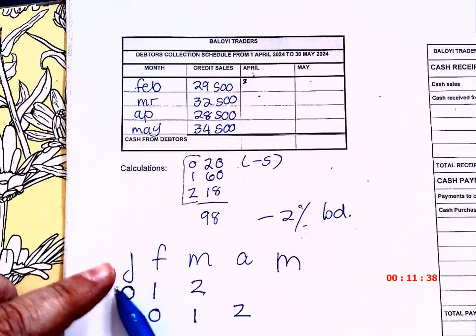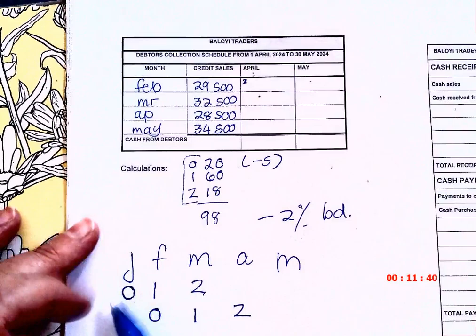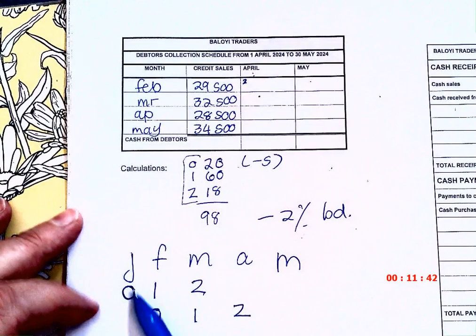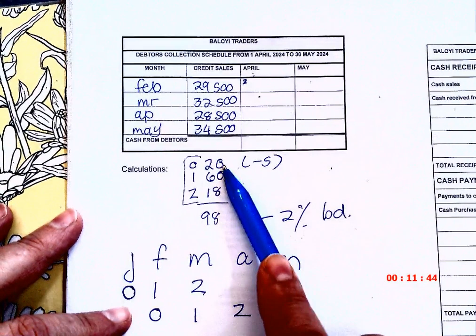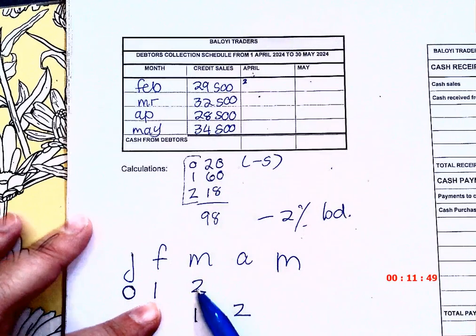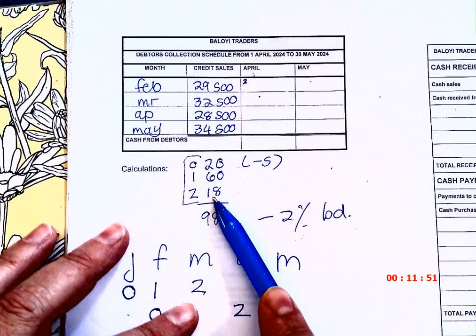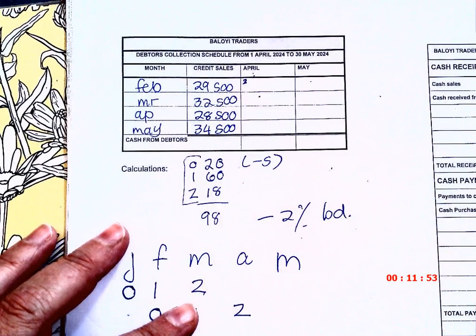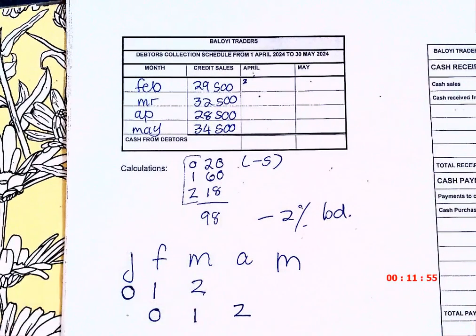Because January, if you look at January, the people who bought in January is going to pay in January 20%, in February 60%, in March 18%. So in April, I'm going to bad debt them. I'm not budgeting to receive anything from them. In April, they had their 3 months. Does that make sense?